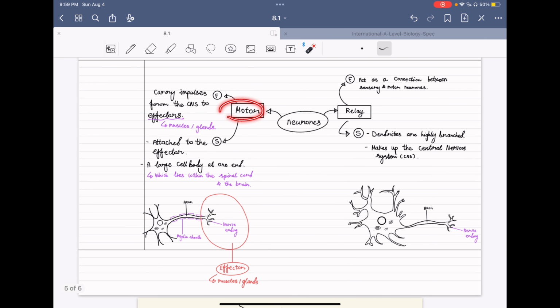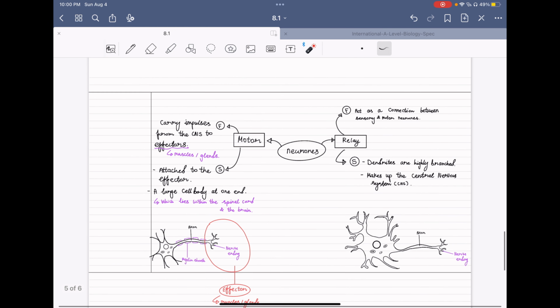Now we're going to look at the motor neurons, and their function is to carry impulses from the CNS to the effectors, and the effector is muscles or glands. Their structure is that they are attached to the effector, and they have a large cell body at one end, which lies within the spinal cord and the brain.